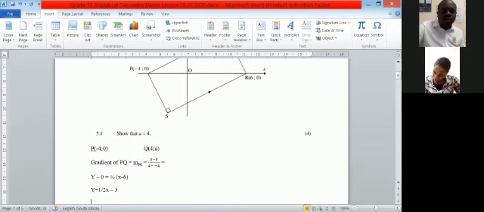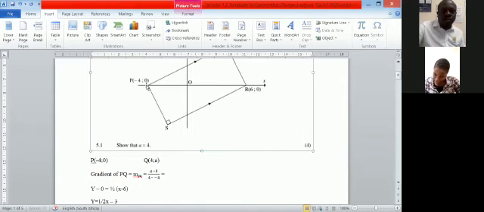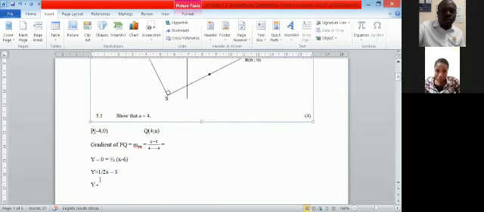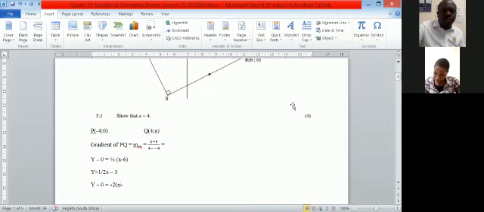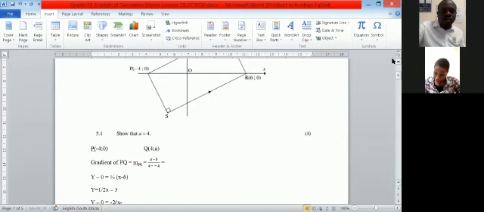So I'm going to say y minus the y coordinate here, which is 0 again, so we don't have to write it, but let me just write it for the sake of understanding. y minus 0 is equal to, now the gradient we agreed is minus 2, open bracket x minus, what is the value of x there on P?